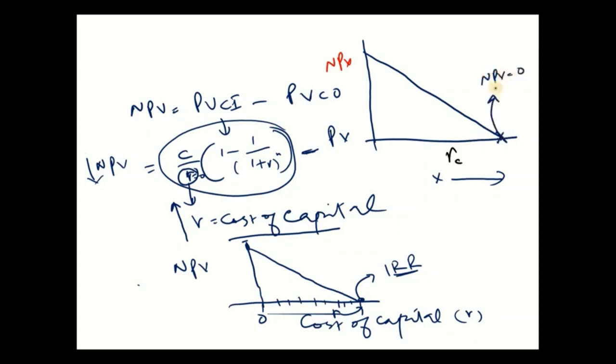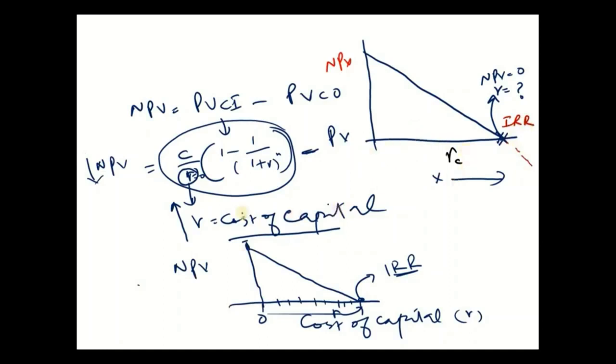And this R is equal to how much? We don't know. That R we call the theoretical rate, we call it IRR. After that your NPV will become negative.